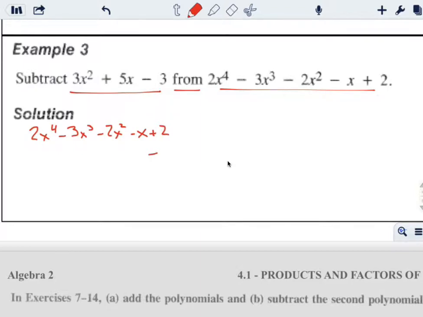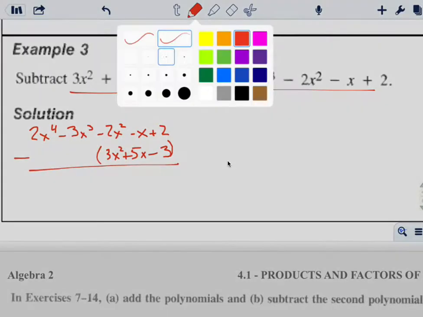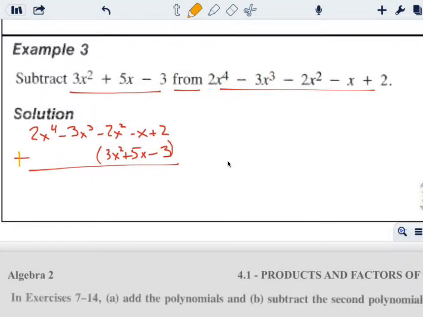And then I have a minus 3, a 5x, and a 3x squared, and I am subtracting. Okay, that's a positive 5x. If you want to change it, that's fine. Plus, minus, minus, plus. Then we can add, and we end up with 5, negative 6x.